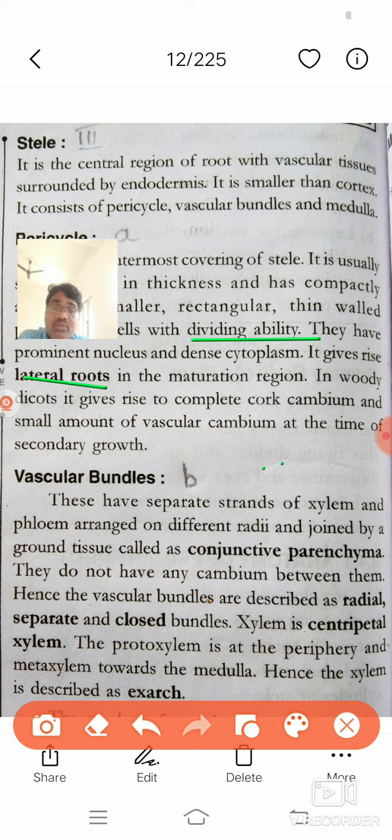The xylem is separated and the phloem is separated in the stellar region. The xylem and phloem are on different radii, joined by conjunctive parenchyma. So, closed vascular bundles.